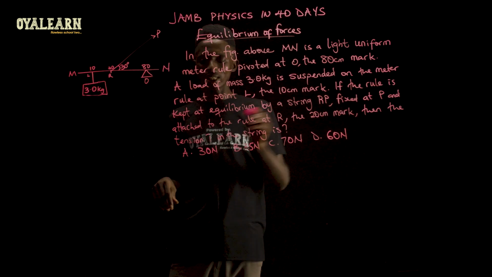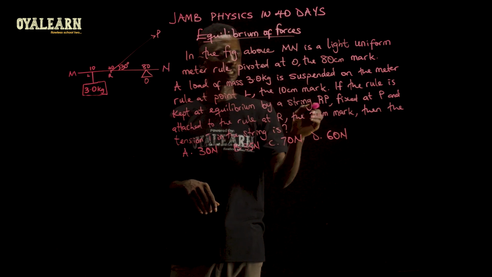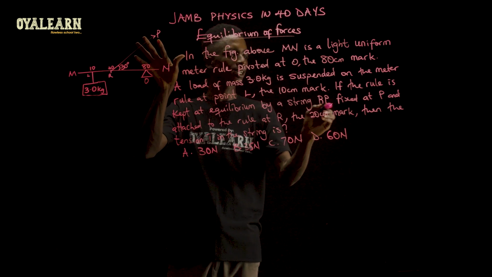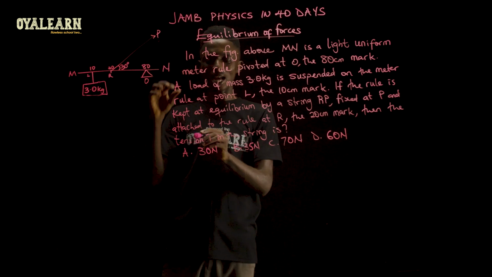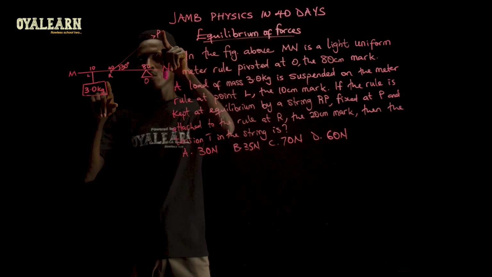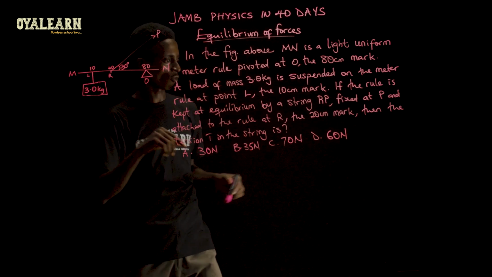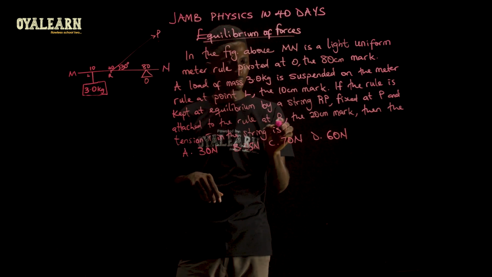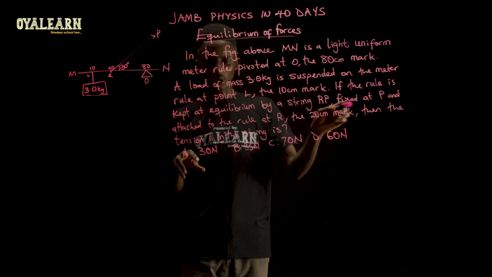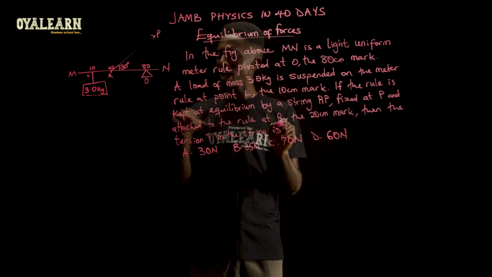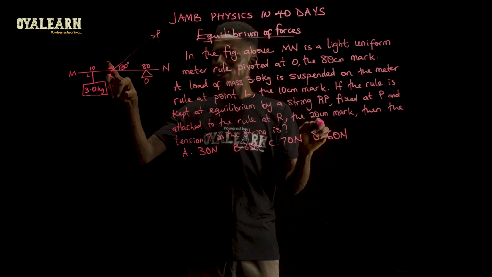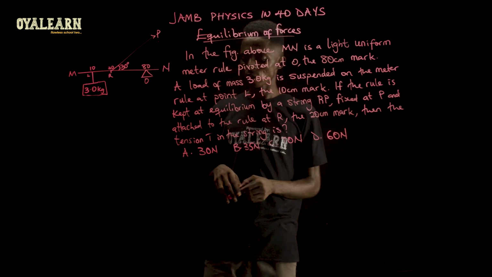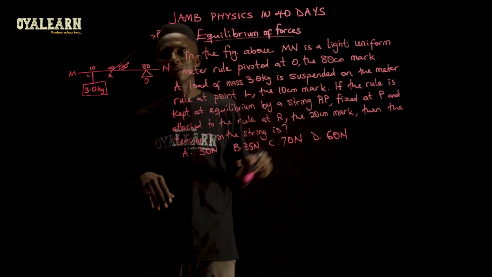Now, the rule is kept in equilibrium by a string RP, so we have the string here, fixed at point P and attached to the rule at point R. So this point is a fixed surface. And we are told that the point where R is attached to the rule is the 20 centimeter mark. So we have to find the tension in the string.